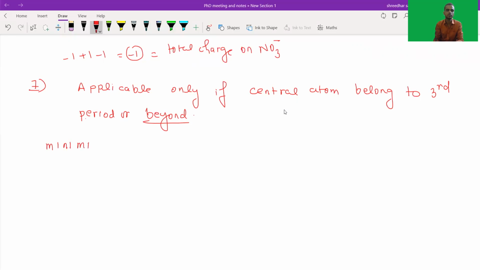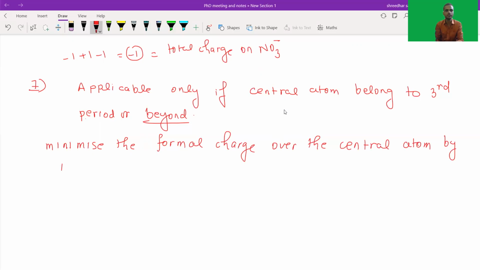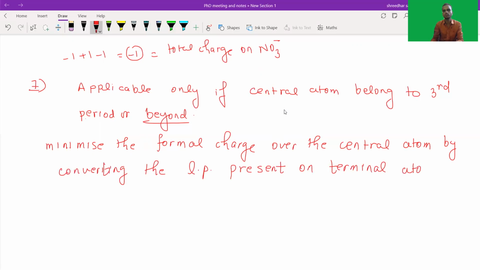Minimize the formal charge over the central atom by converting the lone pair present on terminal atoms into double or triple bond.